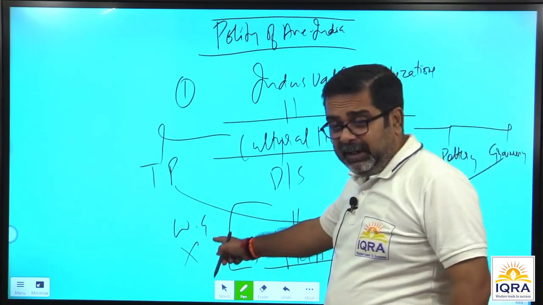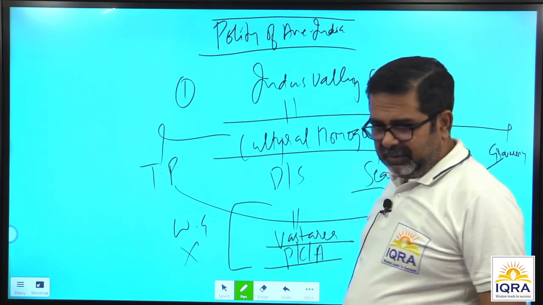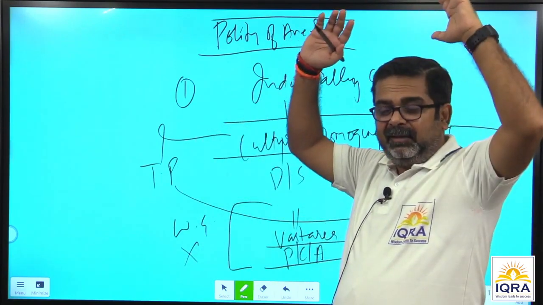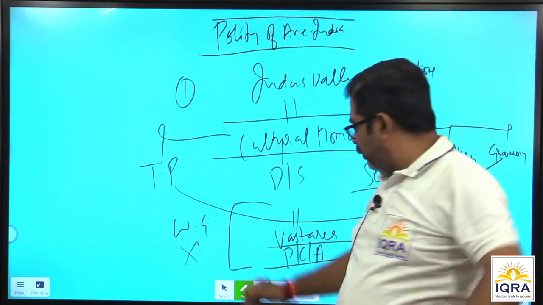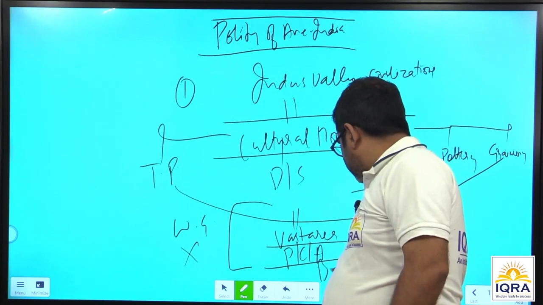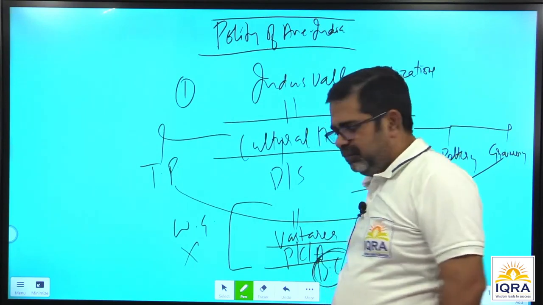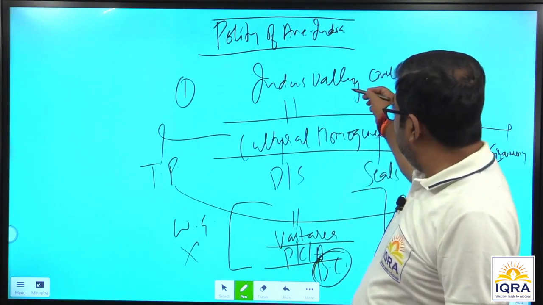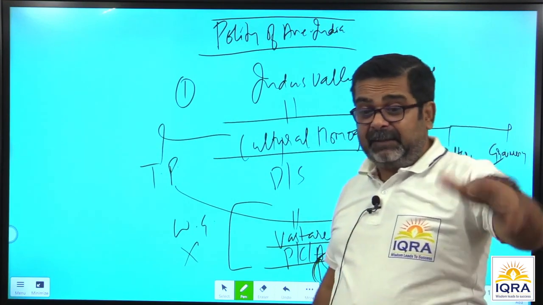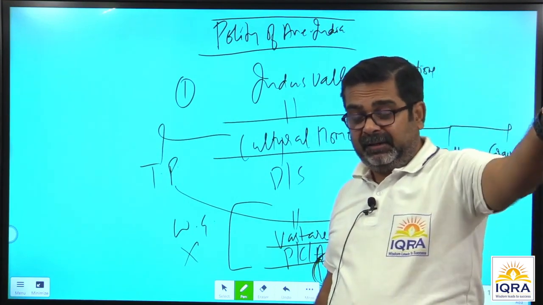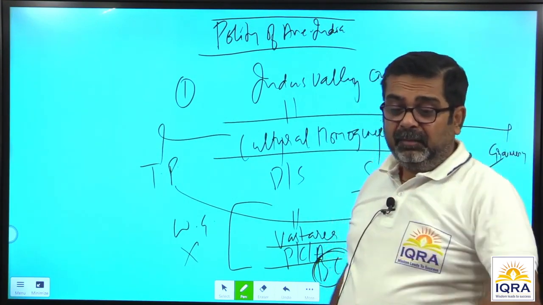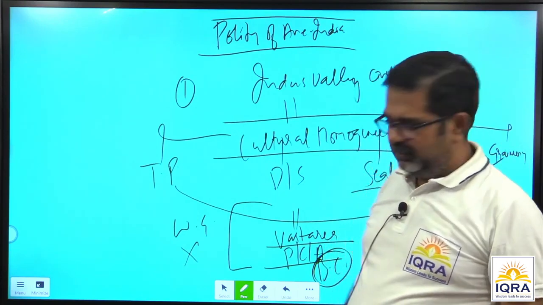Warriors were not dominant, priests were not dominant, and it was an urban culture. So who was dominant? Business class. Cultural homogeneity speaks about a powerful central authority under the control of the business class.